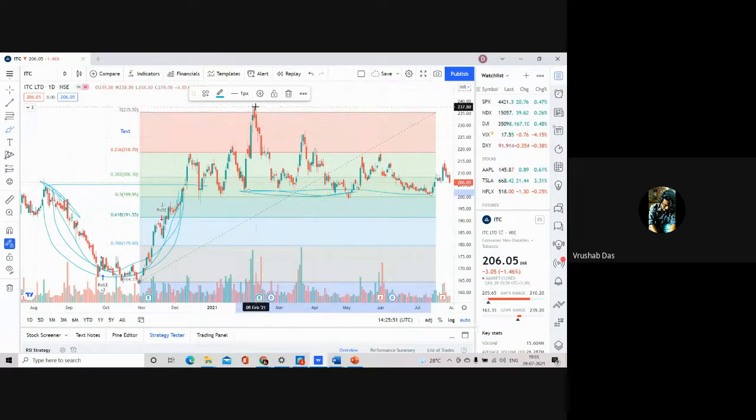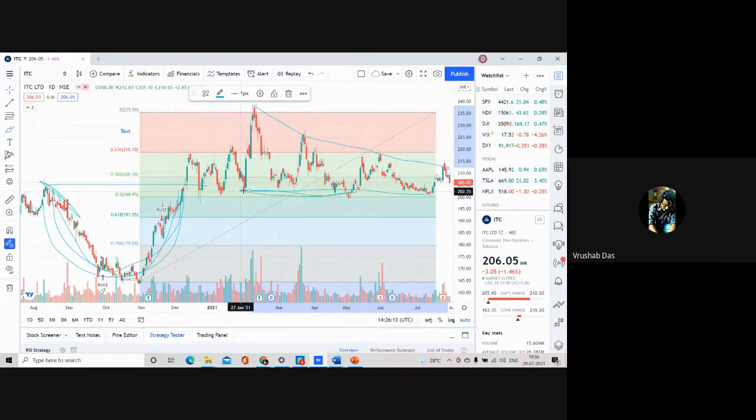From here the highs are getting lower from one point to another. The first high is followed by a lower high, the third high is lower than the second, and the fourth high is lower than the third.